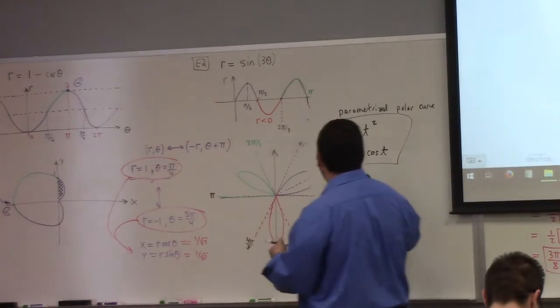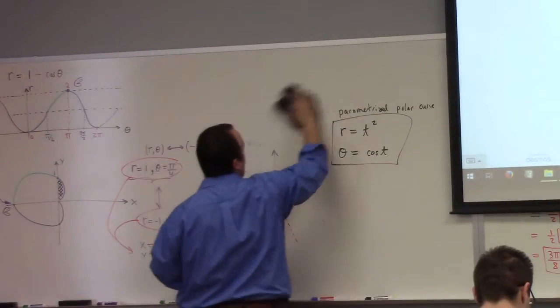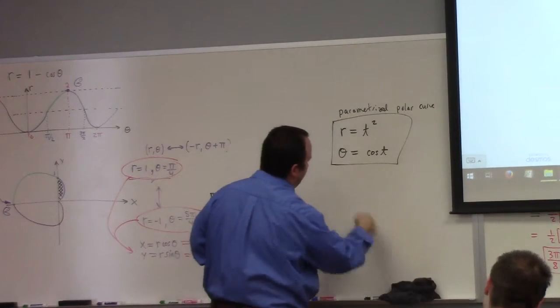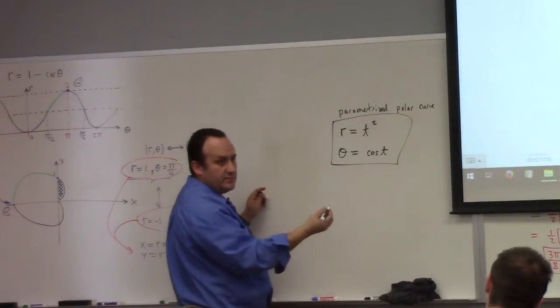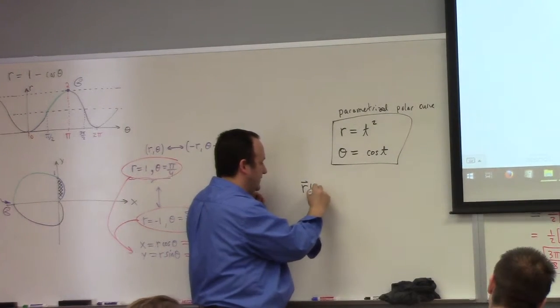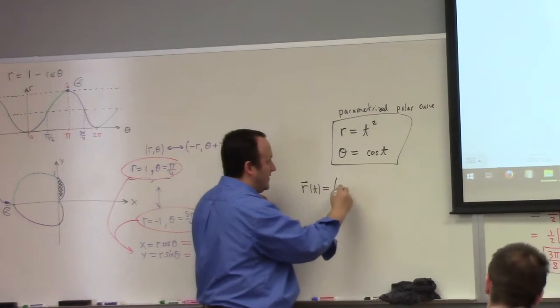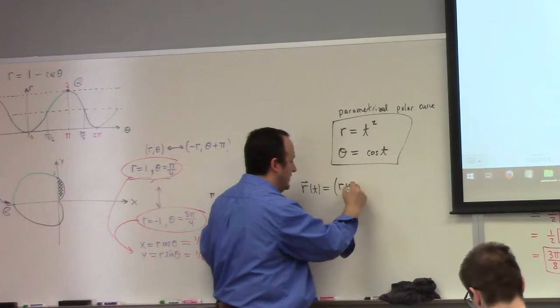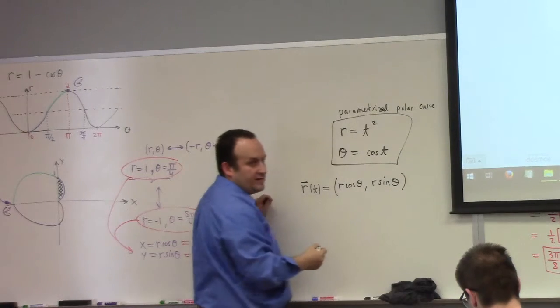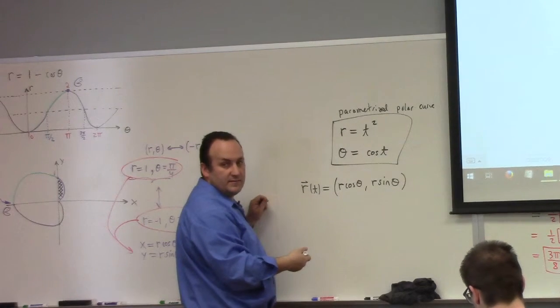What would this look like? What do we mean when we say such a thing? Here's what we mean. We mean r of t is r cosine theta, r sine theta. It's just now the theta and the r are written in terms of t.